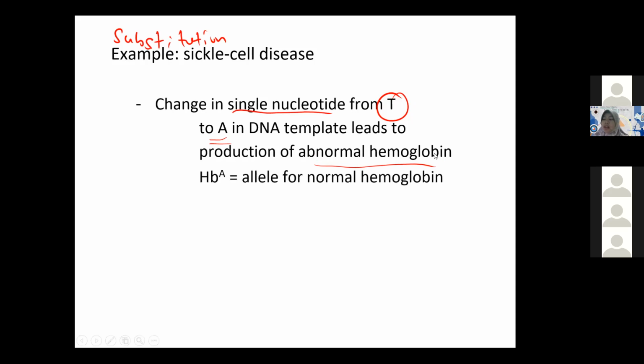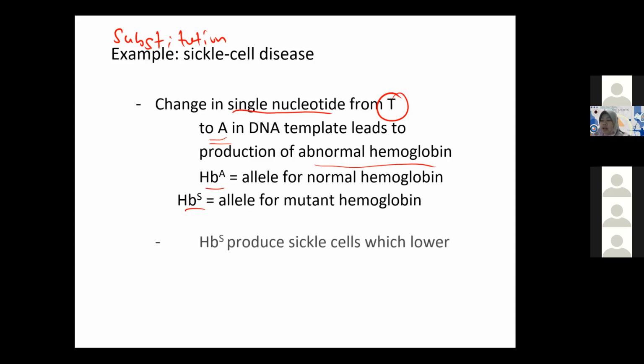So this is the normal genotype, normal allele for normal hemoglobin HbA, and this is HbS, the allele for mutant hemoglobin. So maksudnya kalau orang tu ada sickle cell, the allele is HbS.